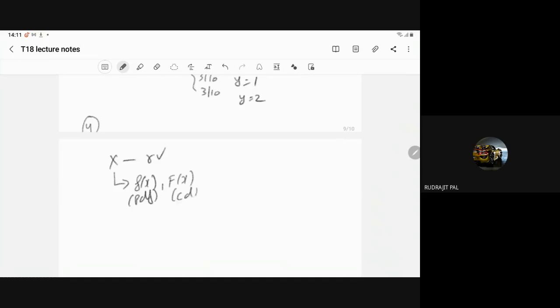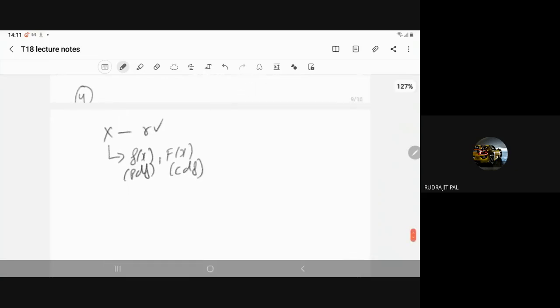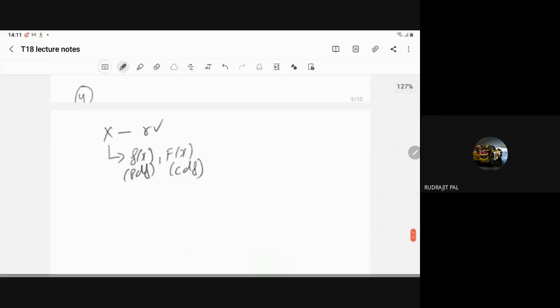This is the CDF, cumulative distribution function. From here we have the complete information about the distribution of the random variable x. But if you want some quick insight about the random variable, you cannot determine it from here. For that purpose, we have the expectation.